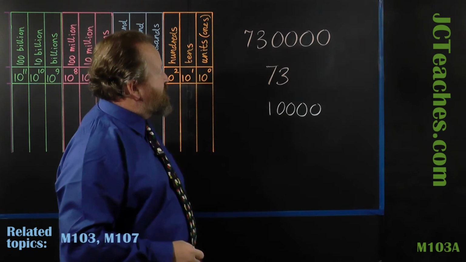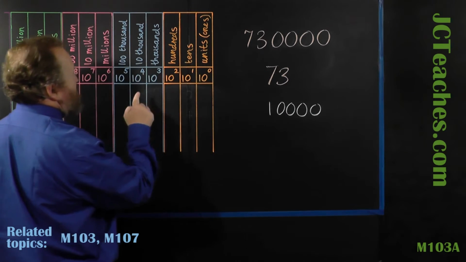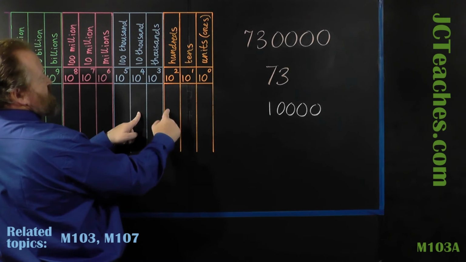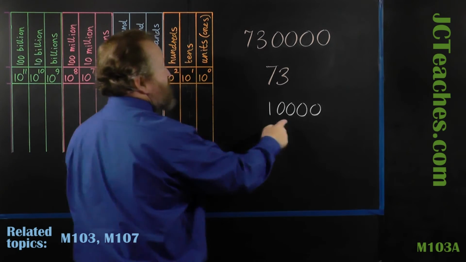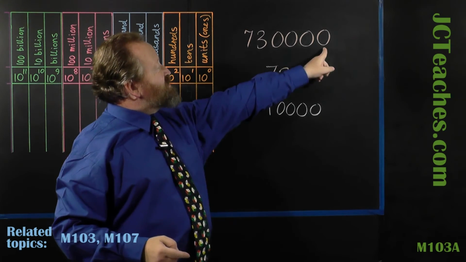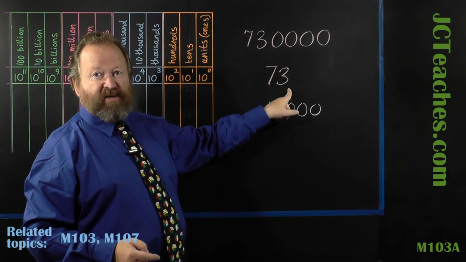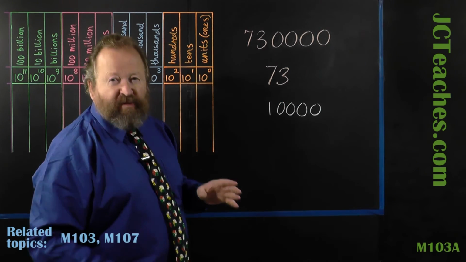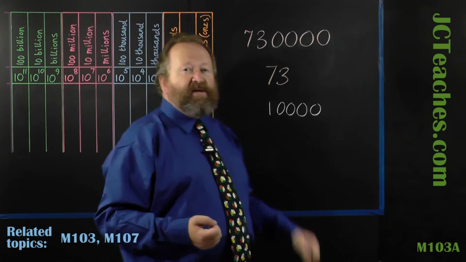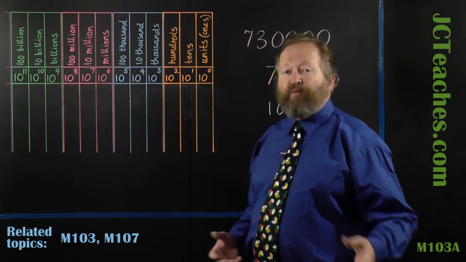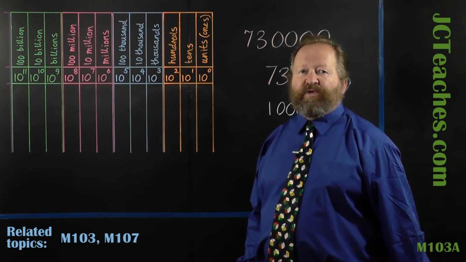And 1 and 4 zeros, 1, 2, 3, 4, 1, 0, 0, 0, 0, is in fact 10,000. So that number is 10,000 times as big as that one. I'm trying to avoid reading these really large numbers because I don't want to try and explain that now. There's a separate video on reading very large numbers and writing them down here, which you might like to have a look at.